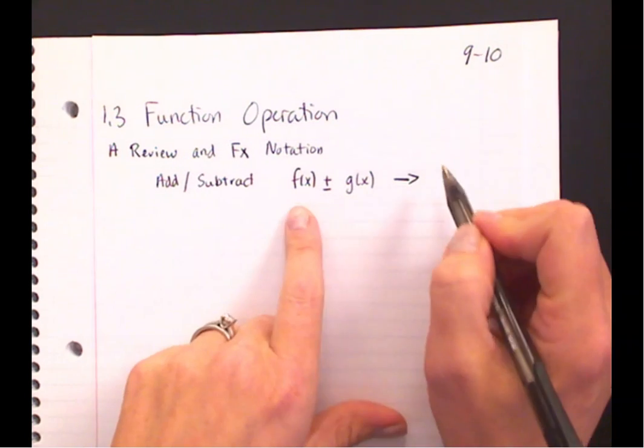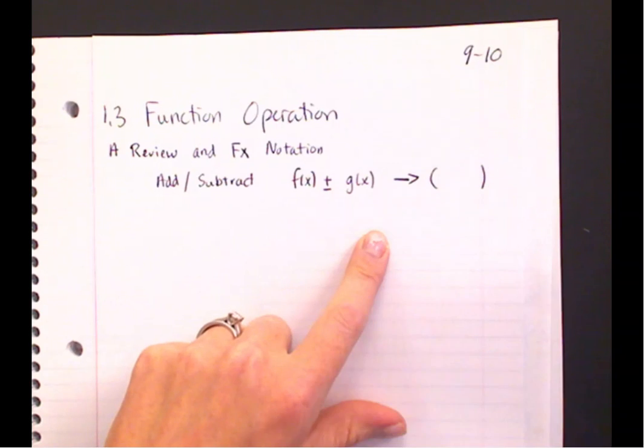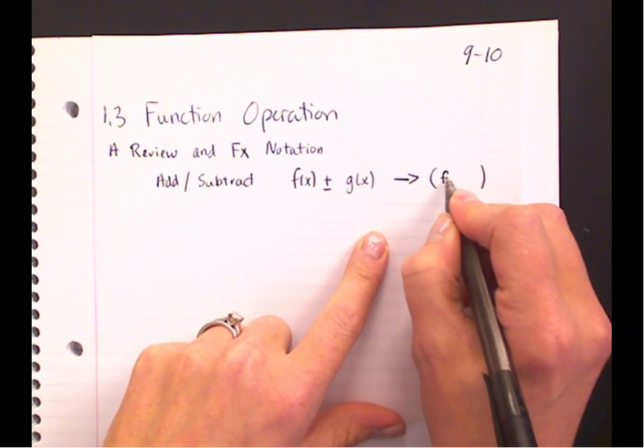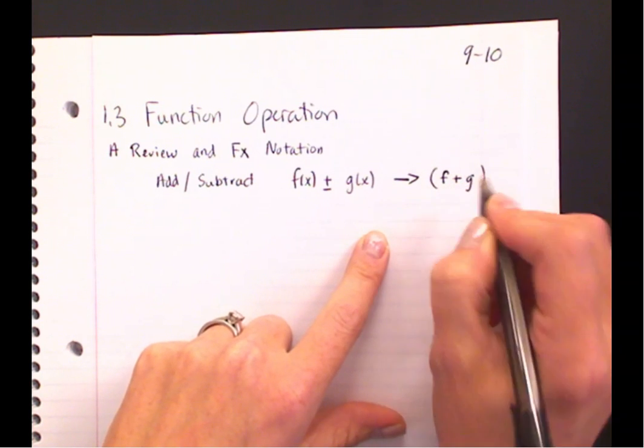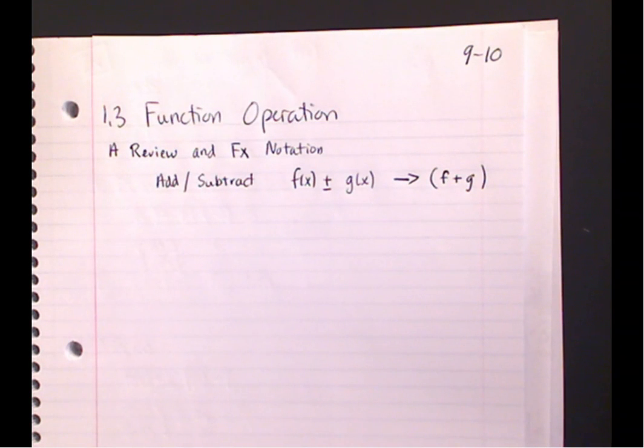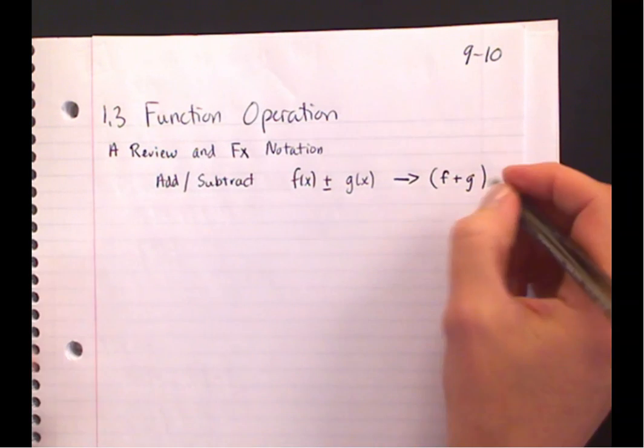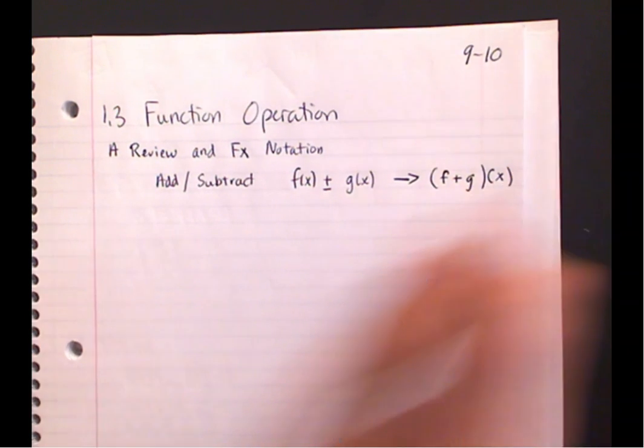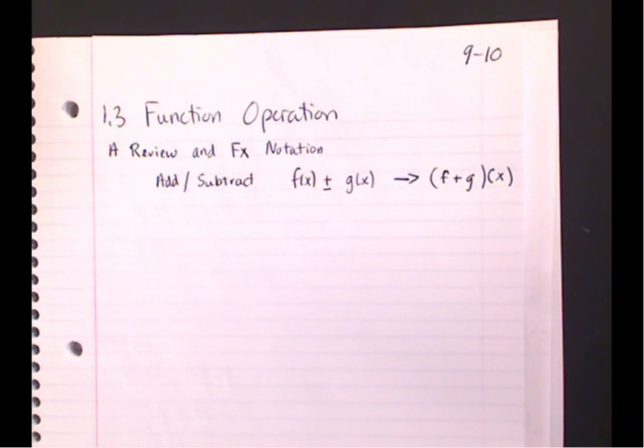Another way to write this: f plus g. Notice I took the names of the functions f and g, and I left the x part off. Same thing, just different look.